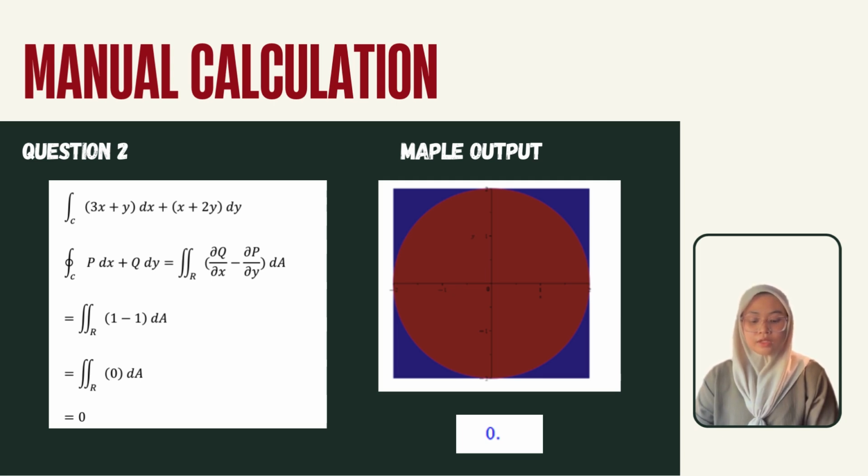We then calculate the partial derivative of Q with respect to x, which is 1, and the partial derivative of P with respect to y, which is 1. By substituting this, the integrand becomes 1 minus 1, which is equal to 0. So we are integrating 0 over the whole region. That means the result of the integral is 0. Therefore, the final answer is 0.